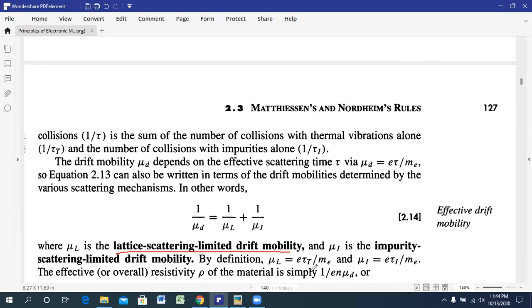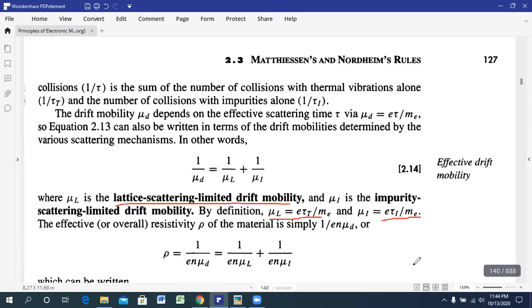So mu L equals e tau T divided by m e, and mu I equals e tau I divided by m e.